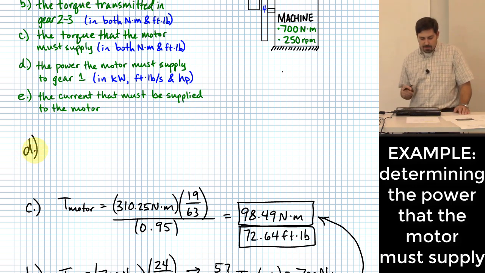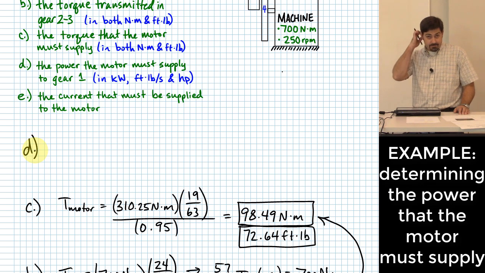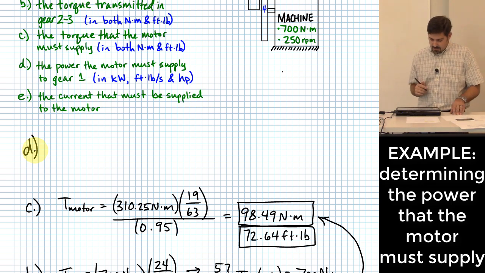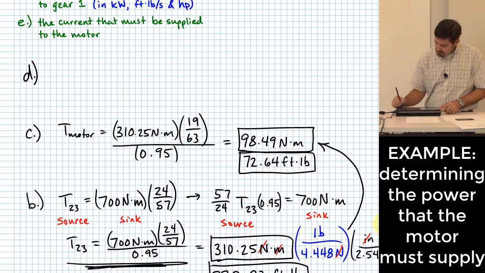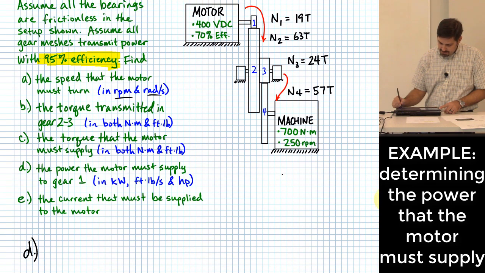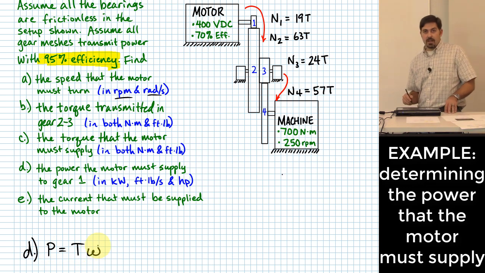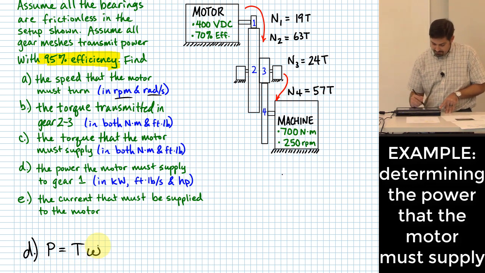The power the motor must supply to gear 1. Okay? Well, how do we do that? The good news is we just came up with a formula to do that in this lecture, right? P is equal to T omega. Now here's a great spot for me to mention this.